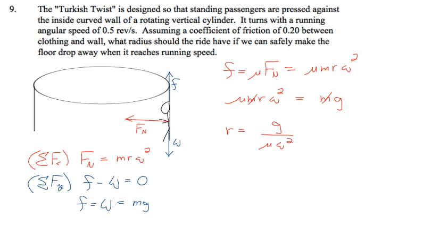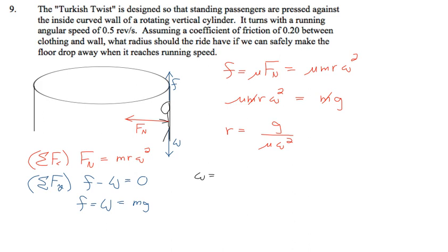Well, the g, we know it's a constant, 9.8 meters per second squared, and the mu was given in the problem. What we don't have is the omega, so I'm going to have to figure out what the omega is in radians. That's an angular velocity, but it's not in the right unit, so that has to be in radians per second.